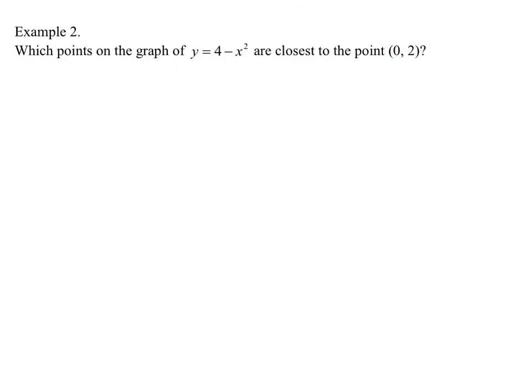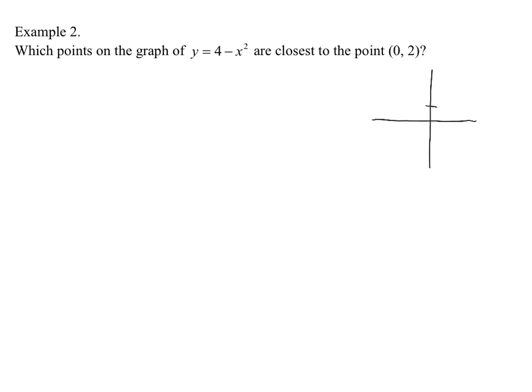All right, so here's another one. It is an optimization problem. It says that we want the points on the graph of y equals 4 minus x squared that are closest to the point (0, 2). So here's where a sketch would be helpful. This is our parent quadratic function. It's been shifted up and reflected downward.